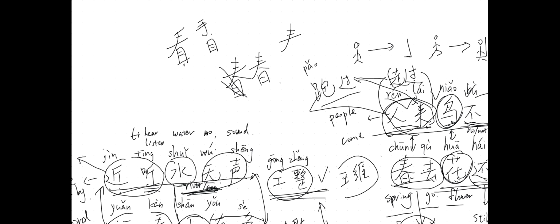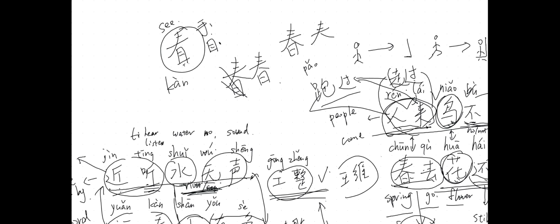So 手 put above the eye is 看, see. You can remember it as when there's sun, the sunlight is too much, and when you need to see far away, you need to put your hand above your eyes so you can see further with the shadow of your hand. So this is saying that action. You put your hand above your eye. And for Chun, this thing does not come from the hand. That's the other.